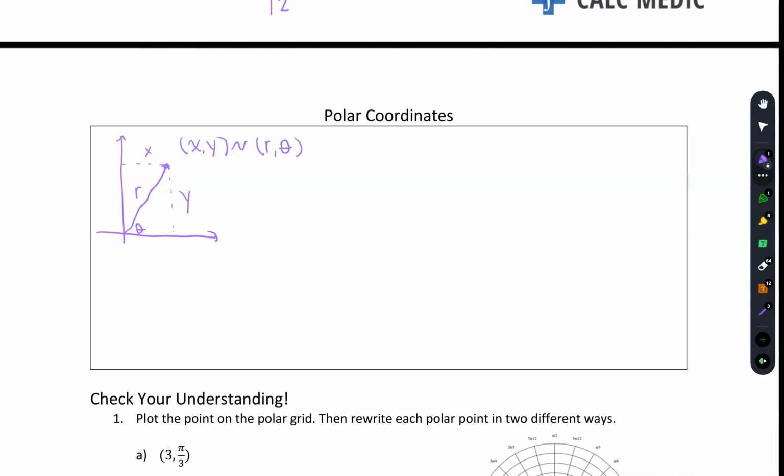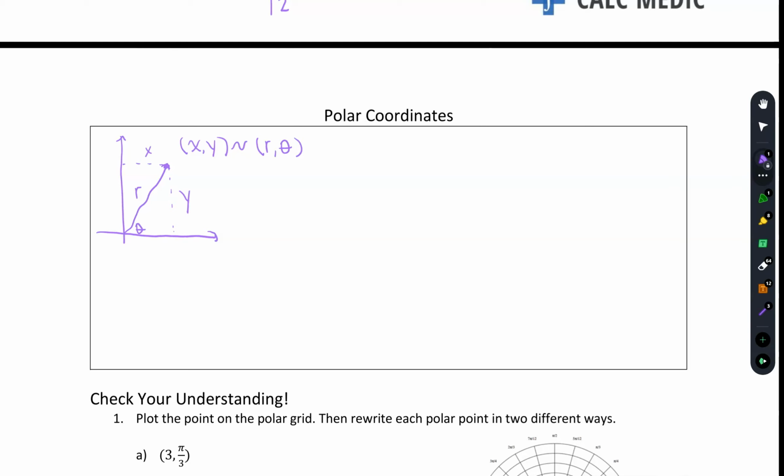So we can say 3, and then pi over 3 minus 2 pi is negative 5 pi over 3. This was taking pi over 3 and subtracting 2 pi, and this was taking pi over 3 and adding 2 pi.